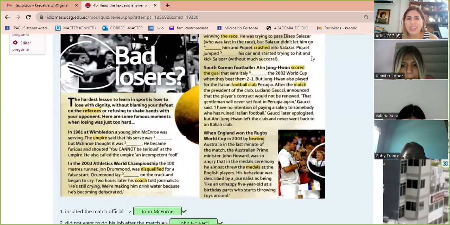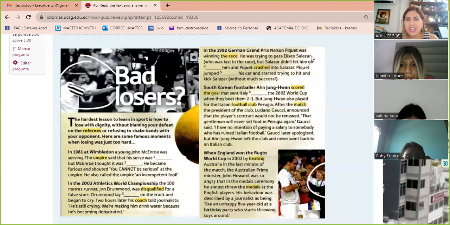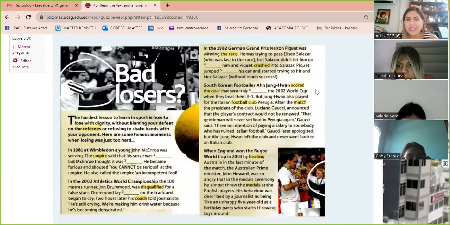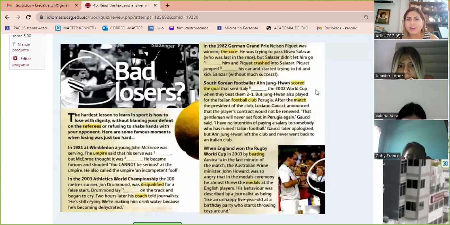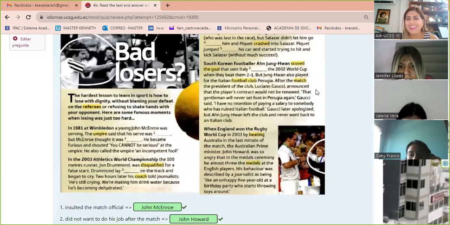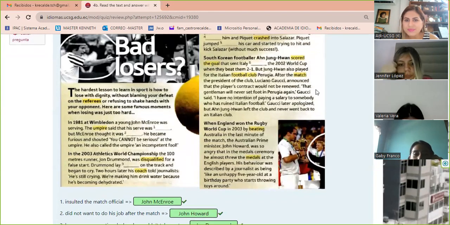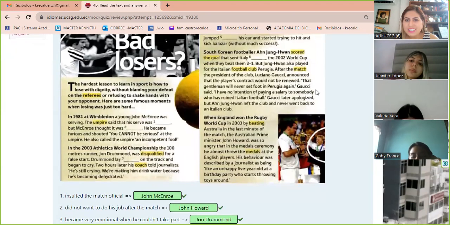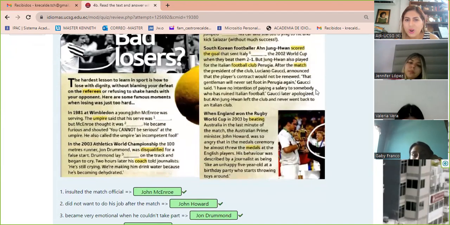Yeah. Then we have Nelson Piquet. And that's why Piquet crashed into Salazar. Oh my God. And he started hitting and kicking Salazar. Wow. Then we have An Jong Won. Oh my God.